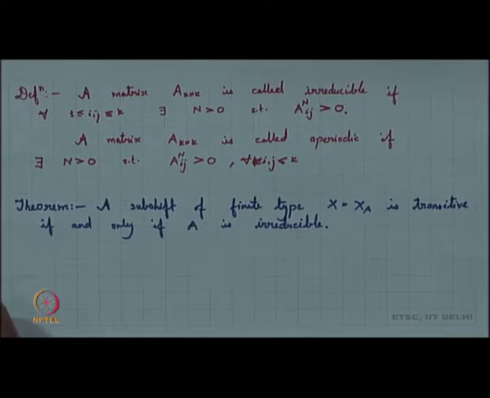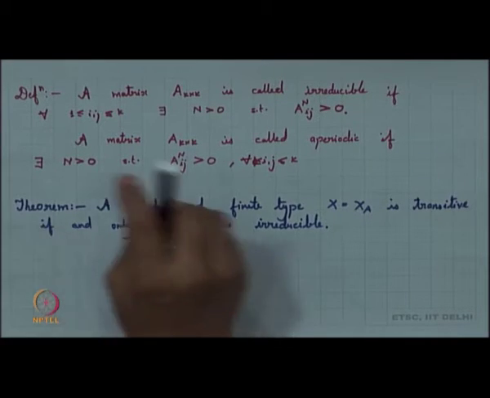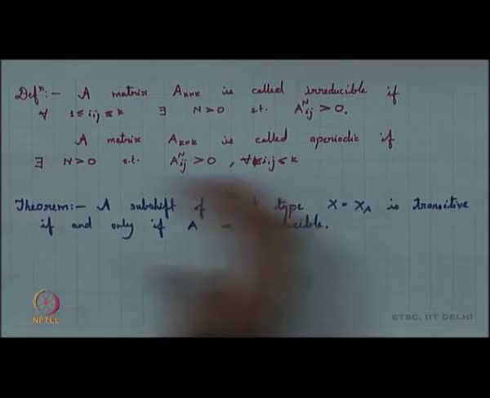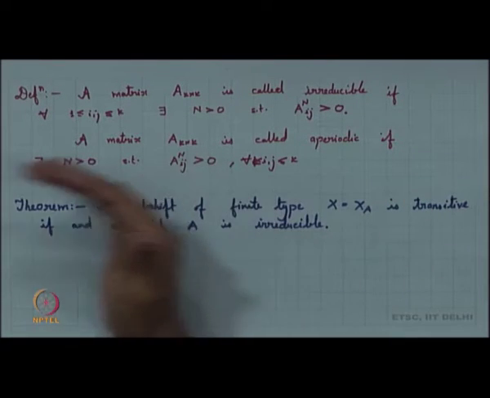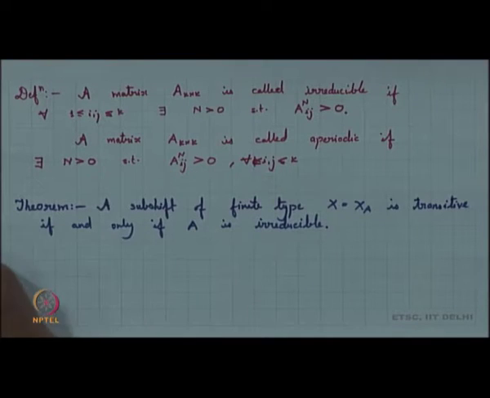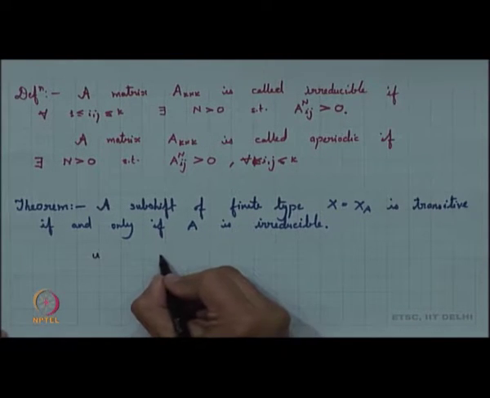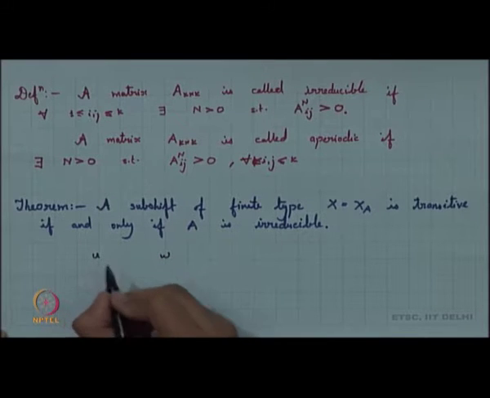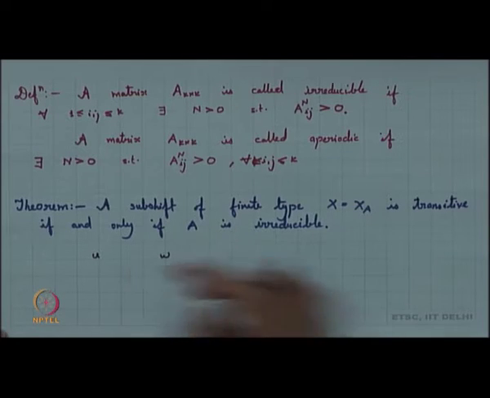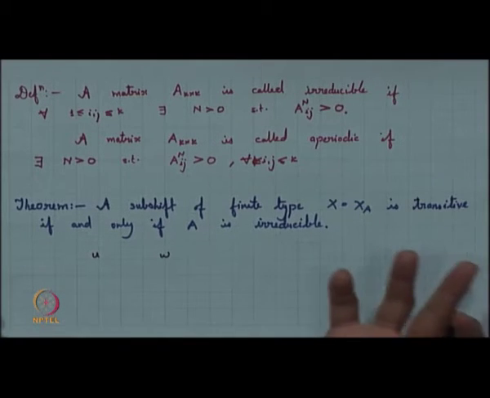And if we want to look into the proof of this theorem, the proof simply turns out by saying that when we are looking into transitivity, what do we want to do? We take a word u, we take another word w, and we want to say that there has to be some word in between, because we know that a shift space is irreducible if and only if it is transitive, it is the same thing.